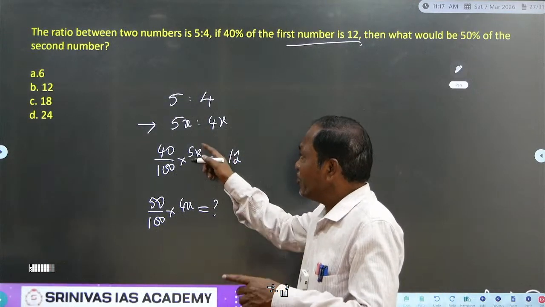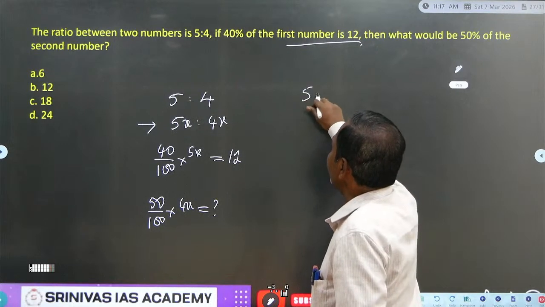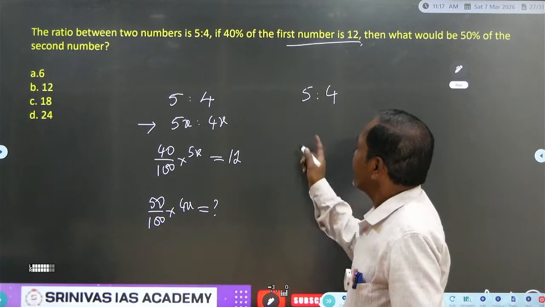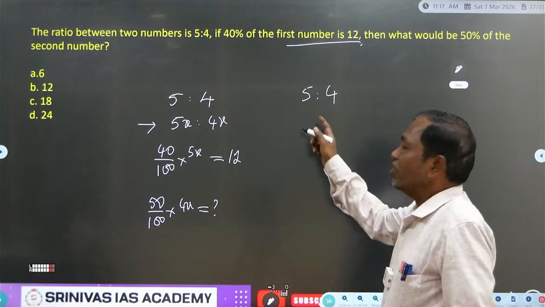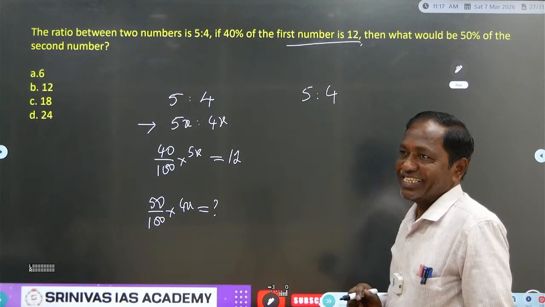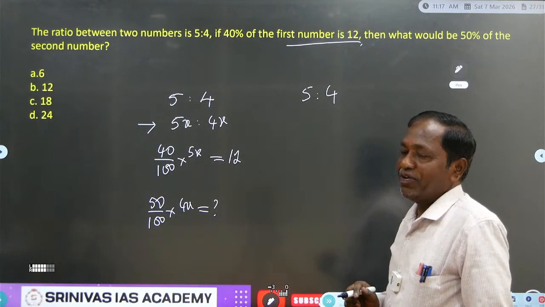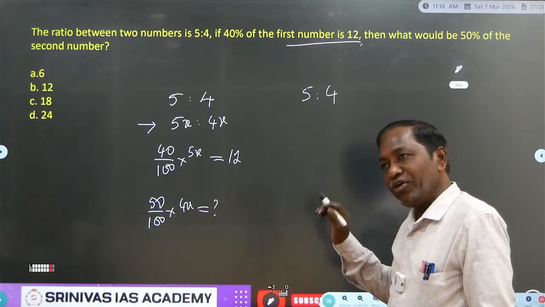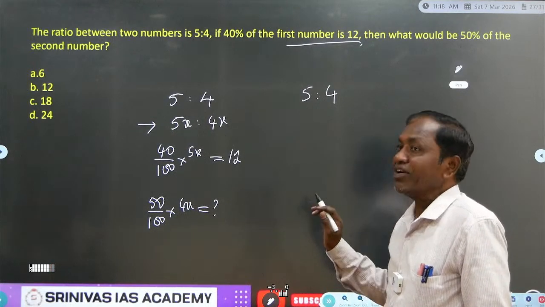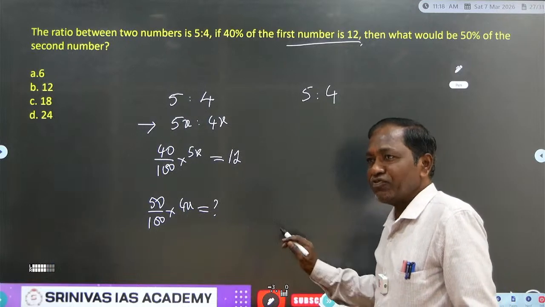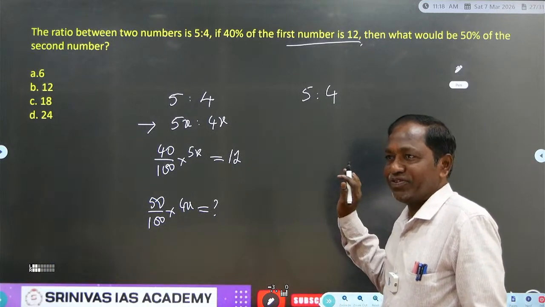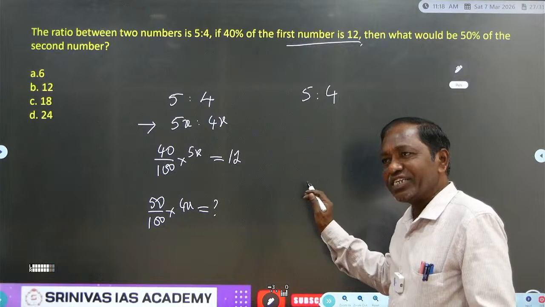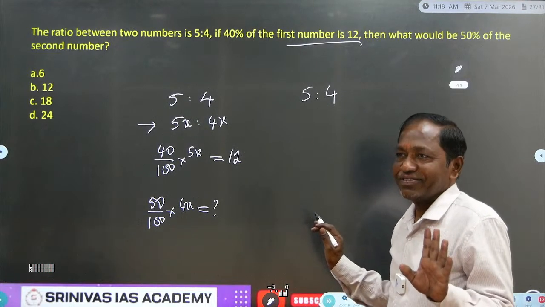Here you need to know the x value, because if you take it like this, what happens now? Now we will get the answer if we take it, but it is not correct. To know the x value, keep both the numbers in x values only. Instead of reading ratios, we read in x values.